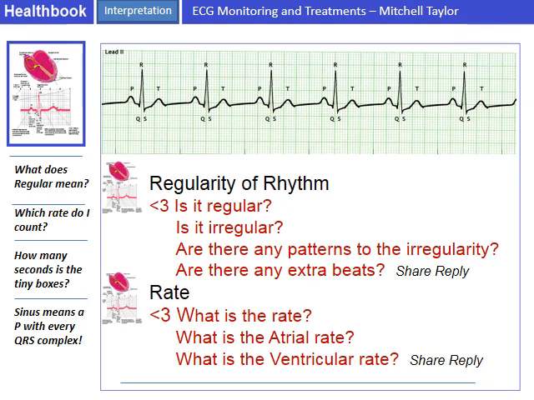Is the rate between 60 and 100? 60 to 100 would be normal, so that would be called a normal rhythm. And there's a P with every QRS, that's a sinus rhythm. So it's a normal sinus rhythm. So I could write NSR, and then we'll get into the rate in the next slide, but NSR would be normal sinus rhythm, and it is regular at this point. Good.